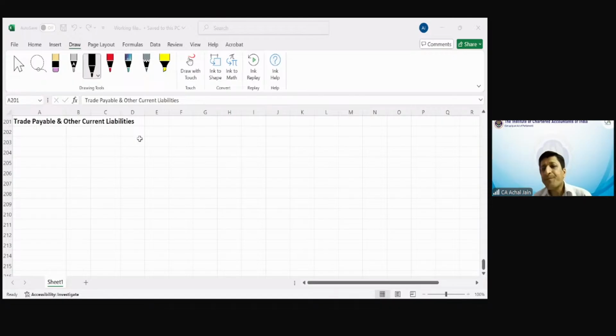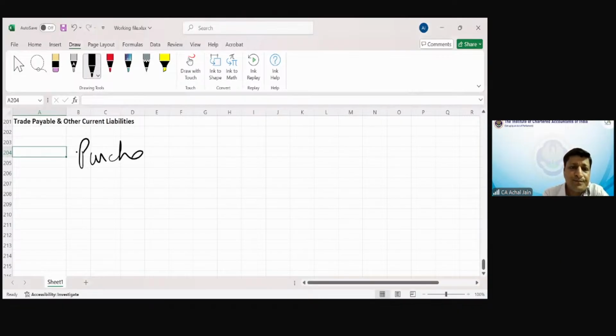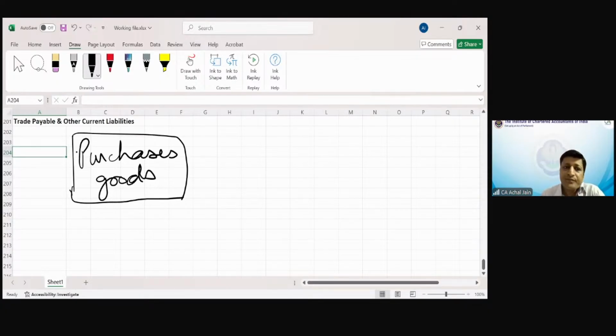Okay. Now, when we are talking about creditors, let's try to understand. In a way, we are talking about payable for goods. Say the entity purchases goods during the year, correct?